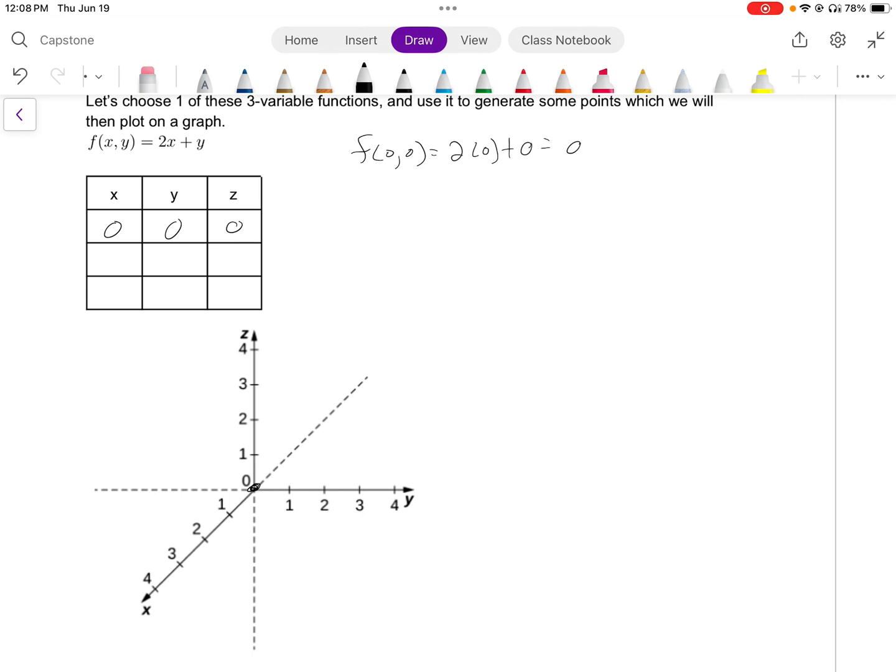Let's do another point. Let's try 1 and 1. F of 1, 1 equals 2 times 1 plus 1. That's going to be equal to 3. So we have 1, and we're going up 3.